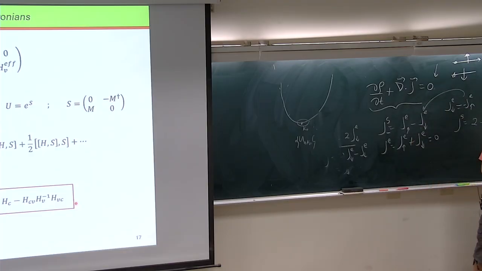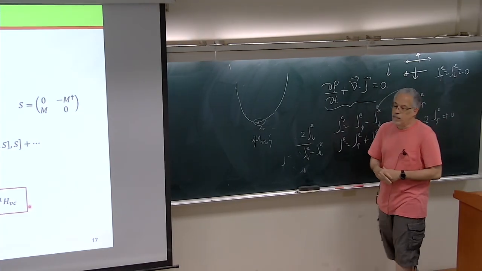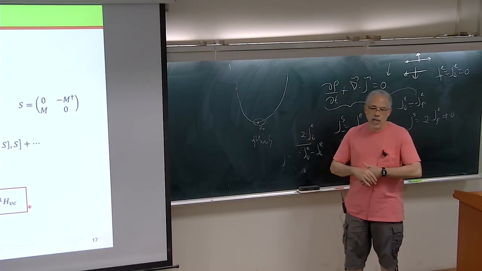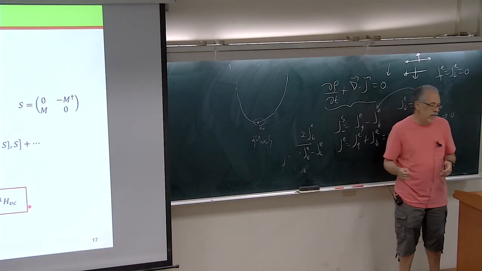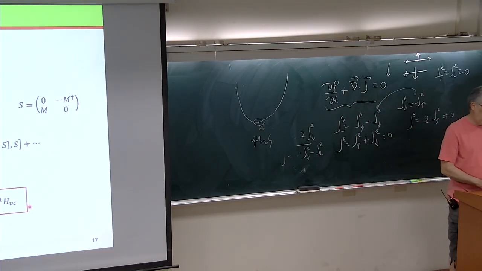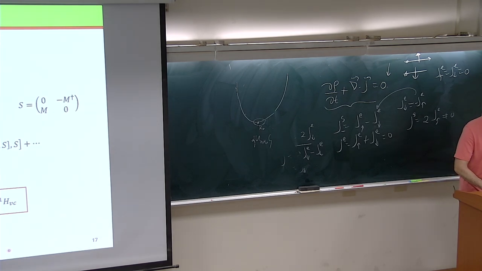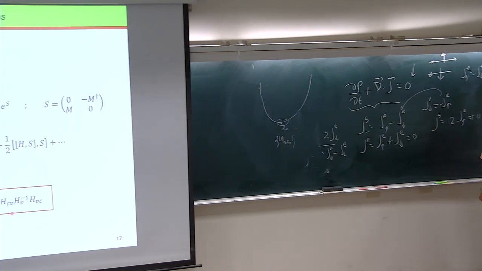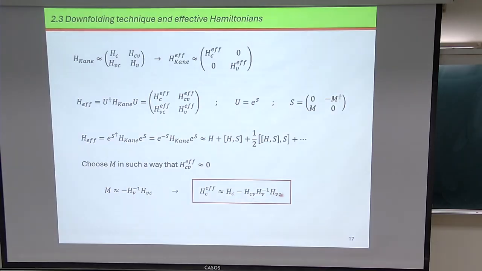You can use this technique for finding effective Hamiltonians in many cases, in proximity effects and so on. This then is a 2/2 Hamiltonian, because A_C is 2/2, and this matrix multiplication will also give you a 2/2 Hamiltonian.